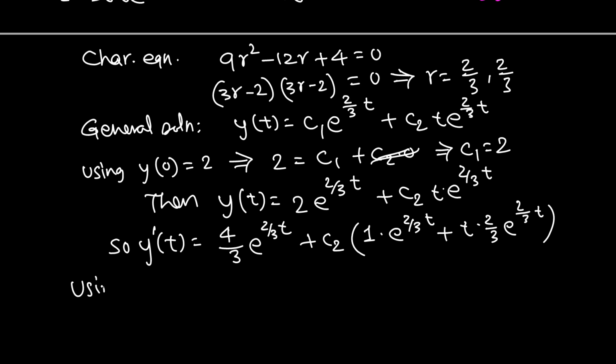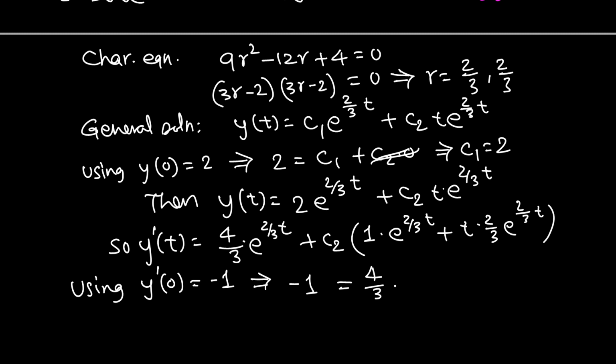So using the second initial condition, y prime at 0 equals -1, that means y prime is -1 when t is 0. So -1 equals 4/3 times e raised to 0, because t is 0, and e raised to 0 is 1.